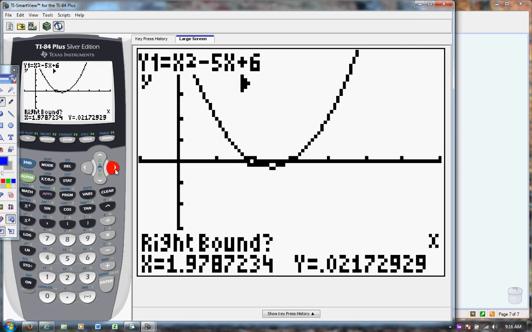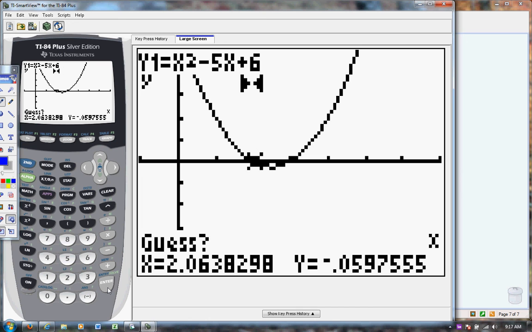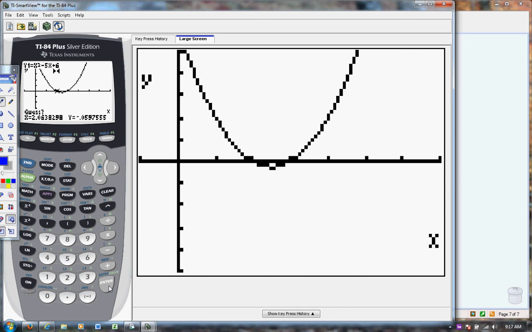So you move it to the right of it, just a little bit past it. And you'll know you're just a little bit past it when your y becomes negative. And then you hit enter. And then it's going to say guess. Just hit enter again. And there's your x-intercept. Okay?